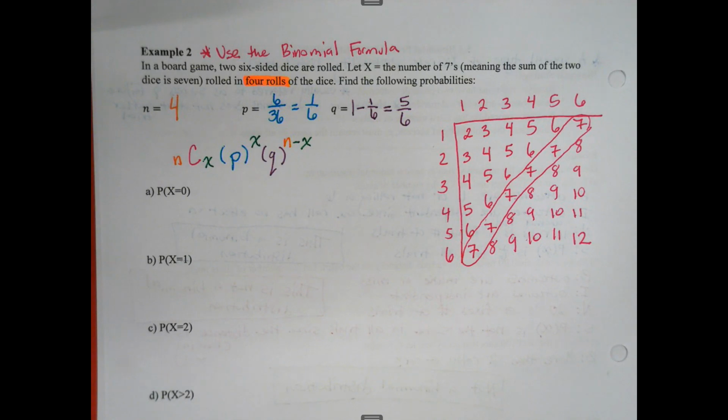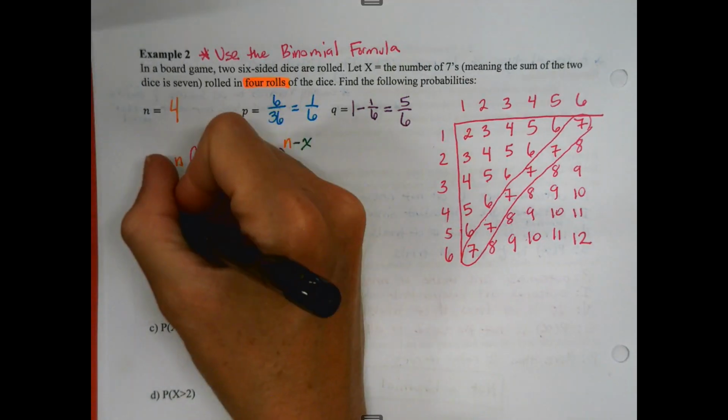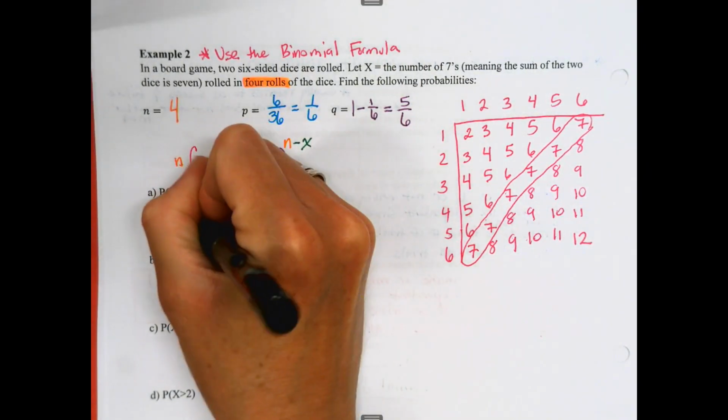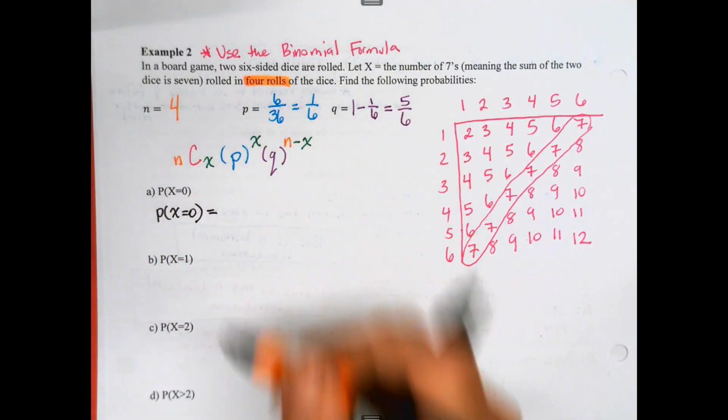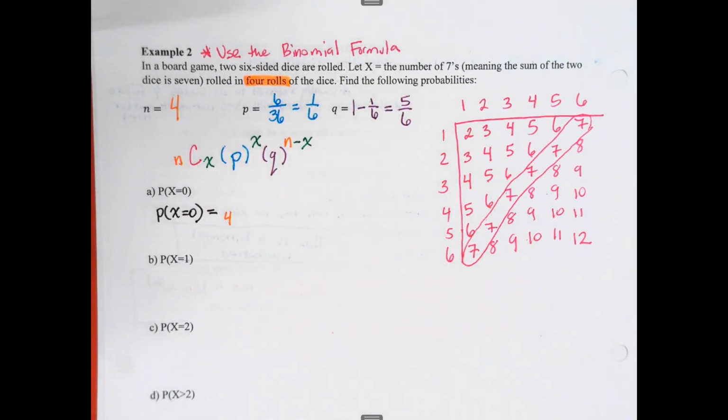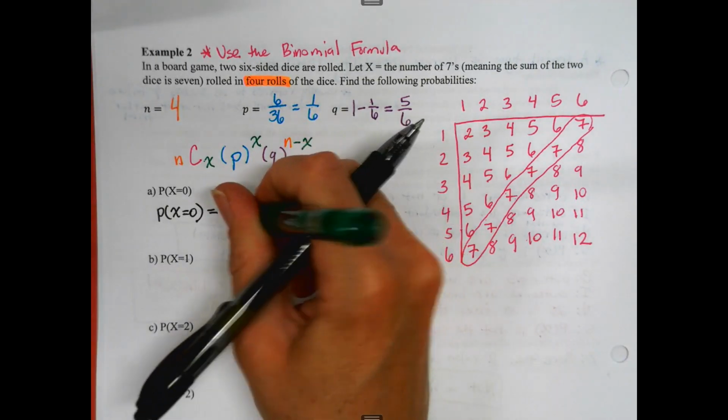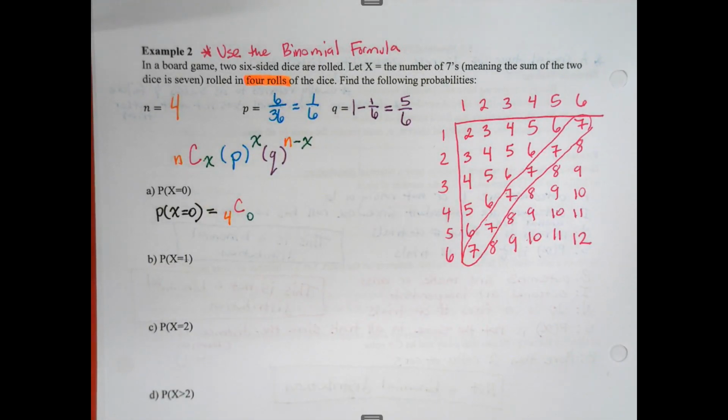If we want to find the probability that x is equal to 0, that means that in our 4 rolls, we get no sums of 7. We just have to go ahead and use our formula. The probability that x is equal to 0 is going to be 4 choose 0 times our probability of success.